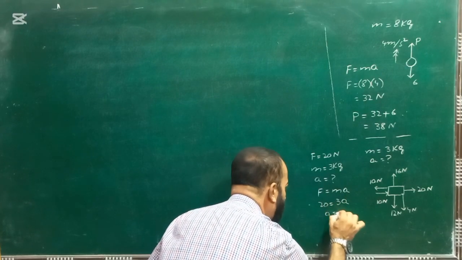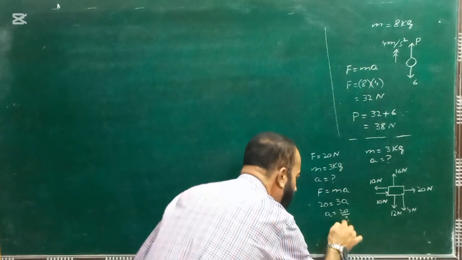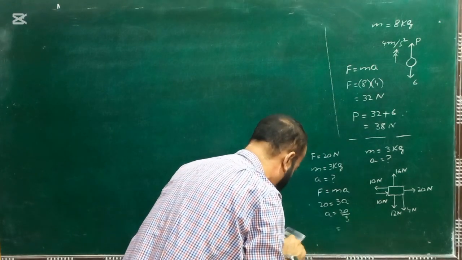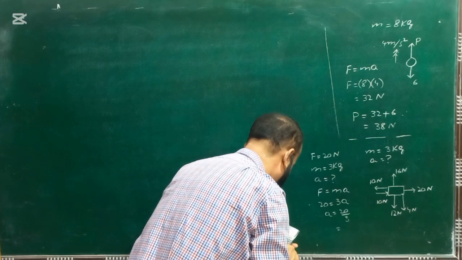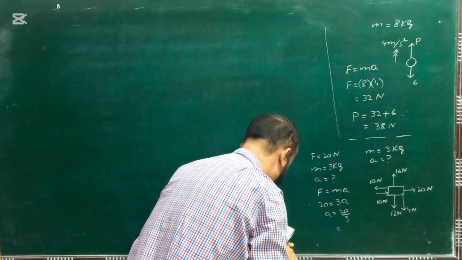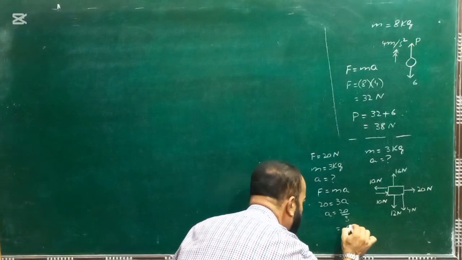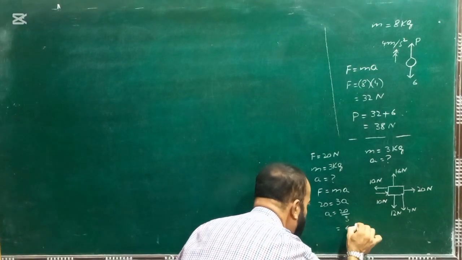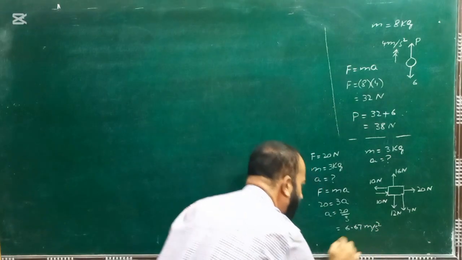So A will be equal to 20 by 3. So solving it on the calculator, because this is an improper fraction, 20 by 3. Answer is 6.67. So 6.67 meter per second square is the answer.